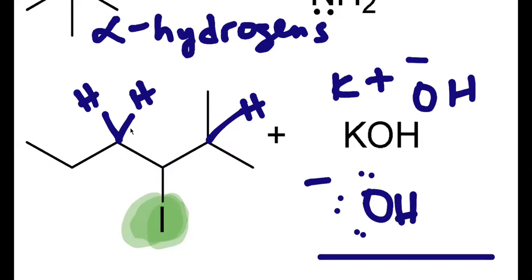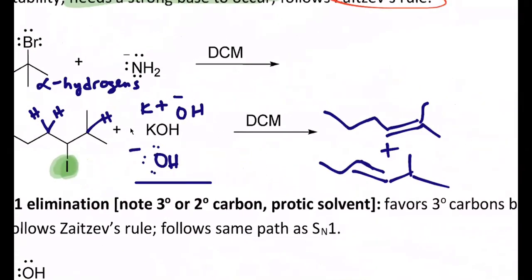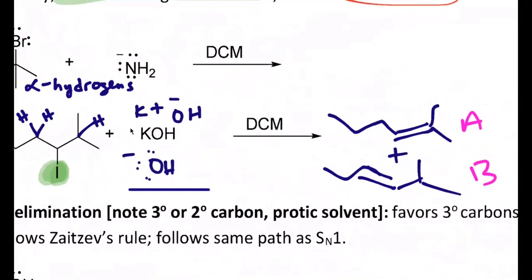All right. So let's see how we formed these. We're going to call this A, and that's B. So how do we get to A? What does it look like happened? Where's the double bond located?